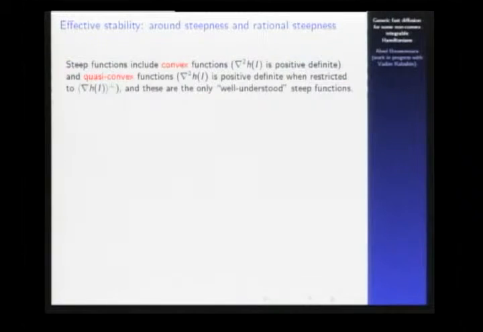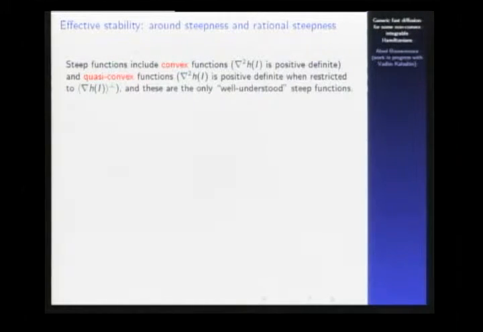It means that this quadratic form is positive definite when restricted to the orthogonal complement of this vector, an n-1 dimensional subspace. So these two classes of functions are steep.